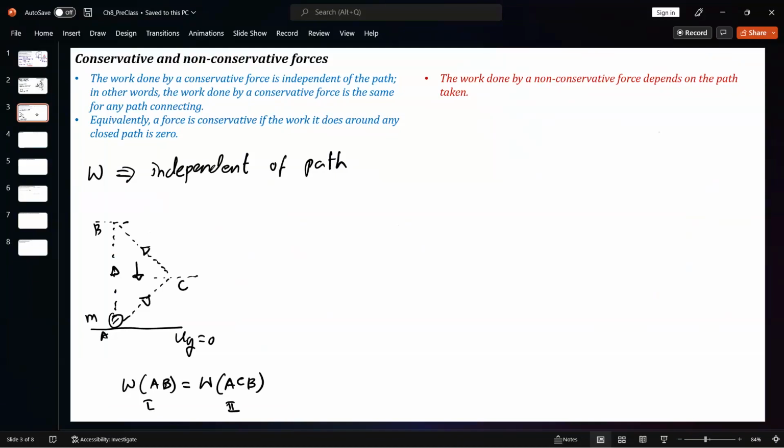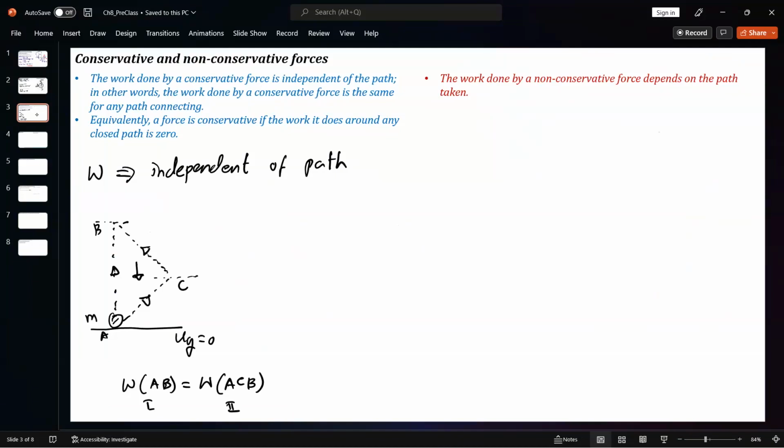So the work done at the end is going to be the same, which means it depends on the two endpoints A and B, not on how the object actually traveled. Such work is due to conservative types of forces. That's why the force of gravity is a conservative force.